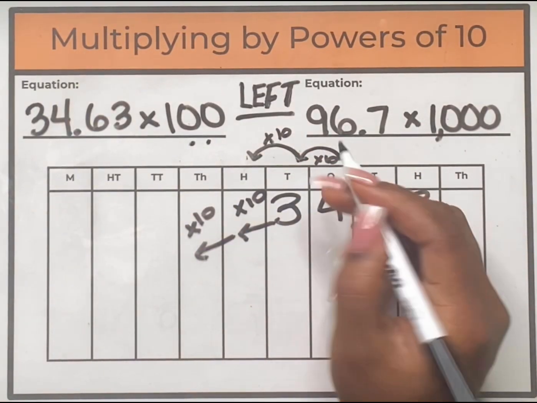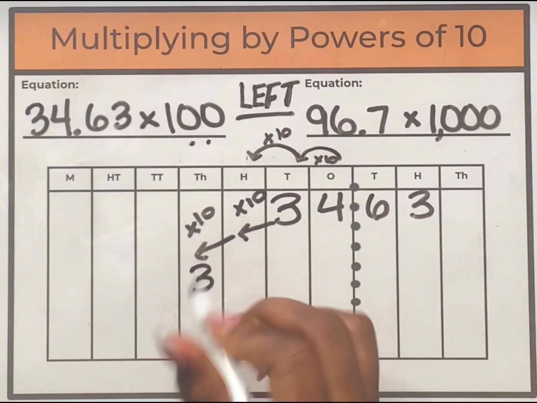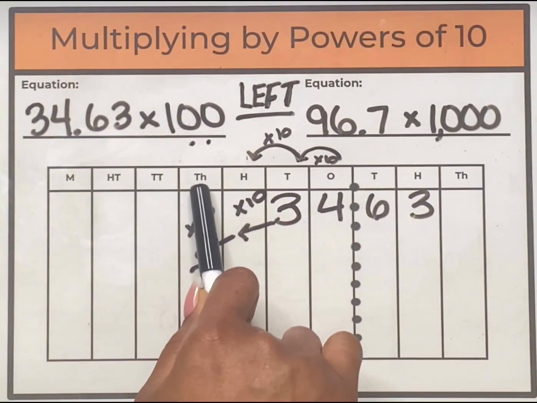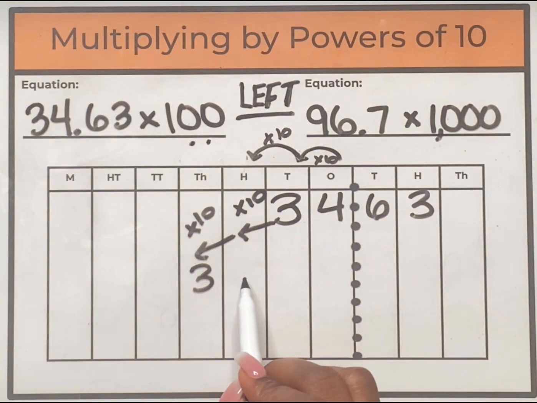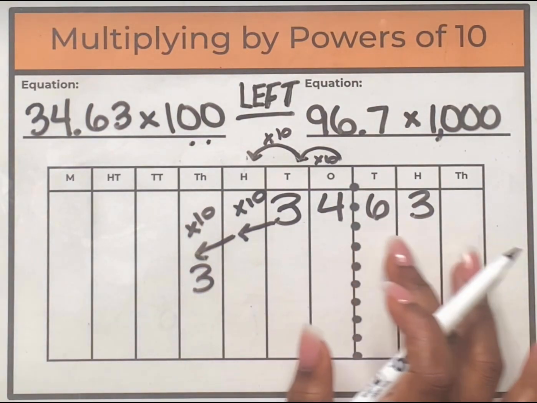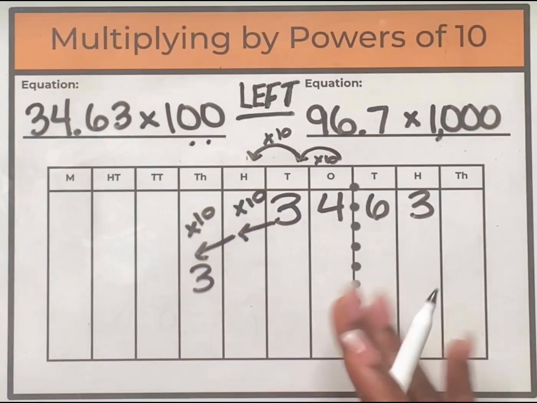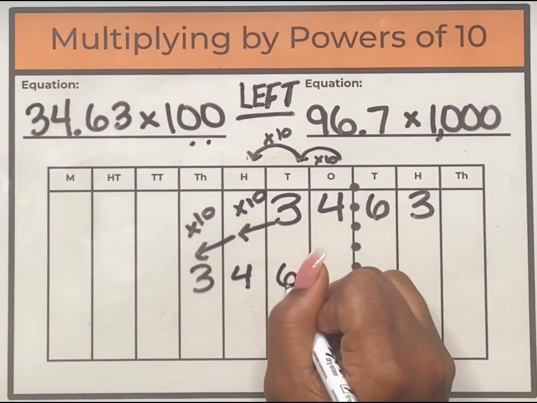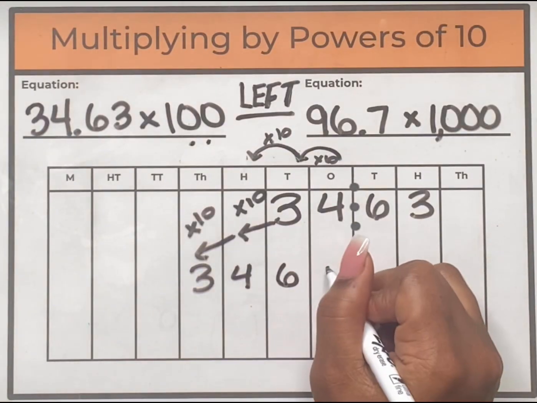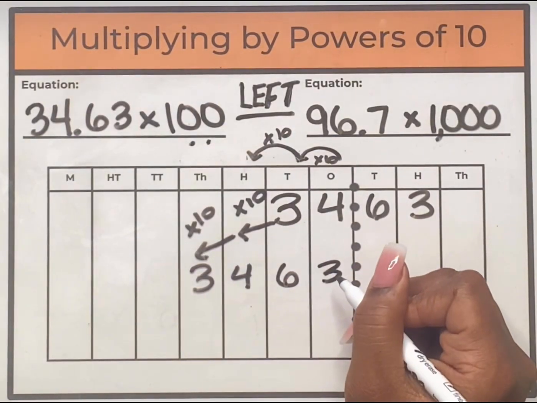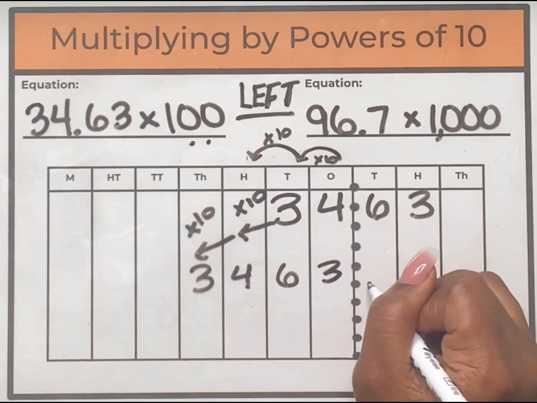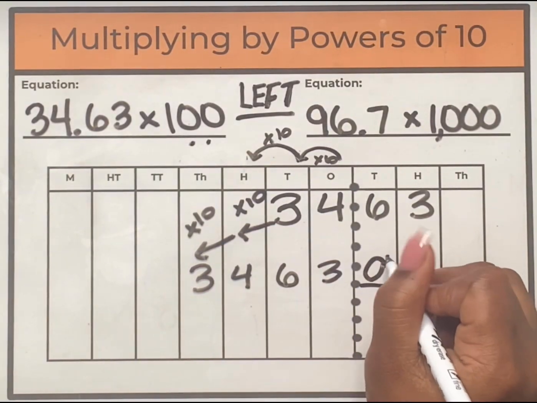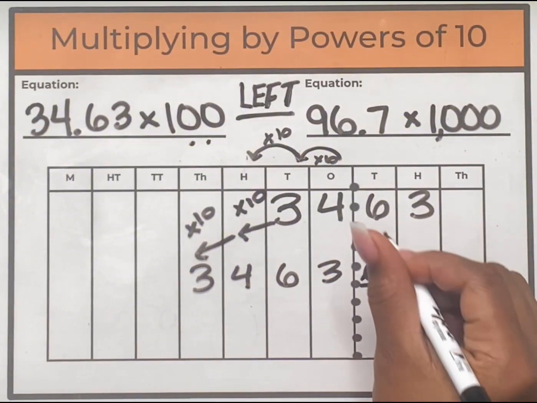10 times greater. The 3 is now in what place? If you said thousands, you're correct. Then you simply place the remaining digits right behind each other. So you're going to put 4 here, 6 here, 3 here. And to help you read it, you can add a 0 here because it has no value, no tens.